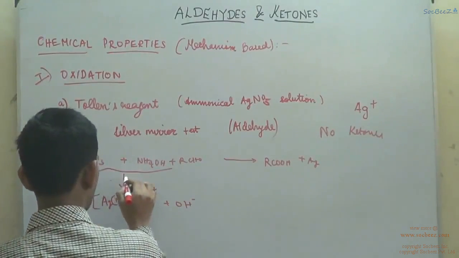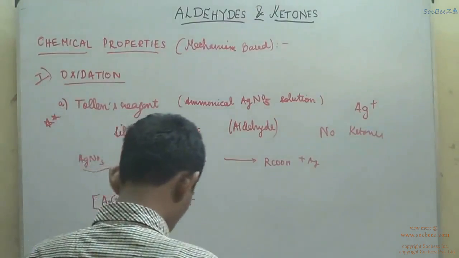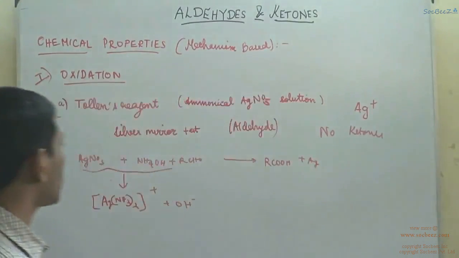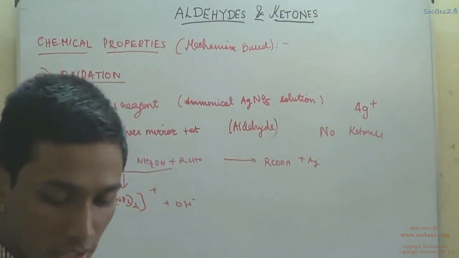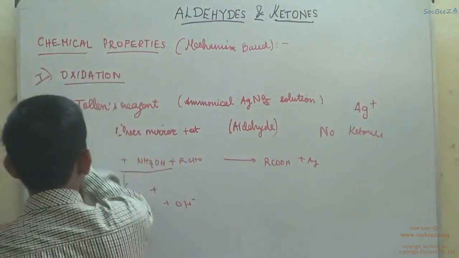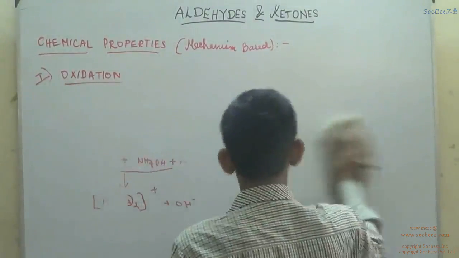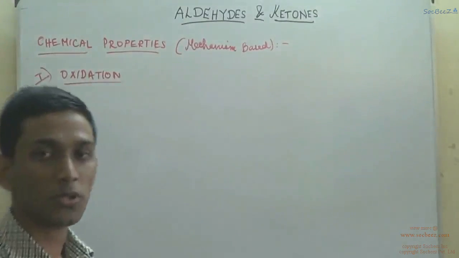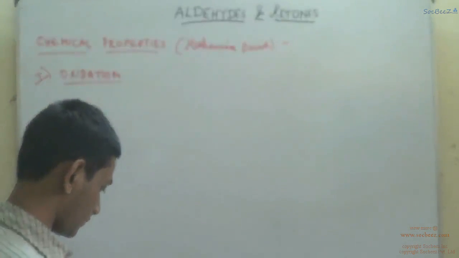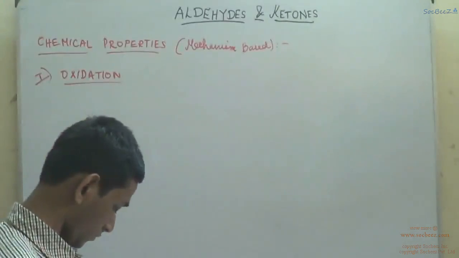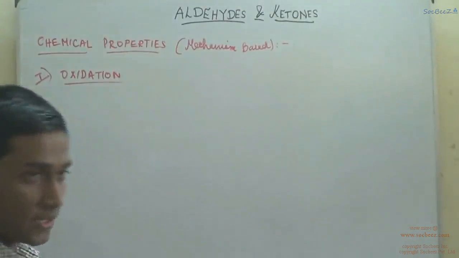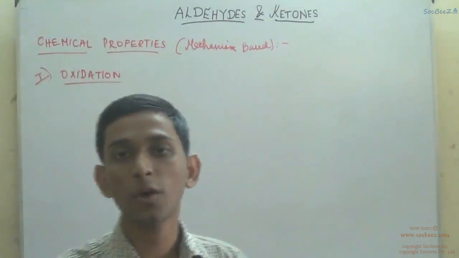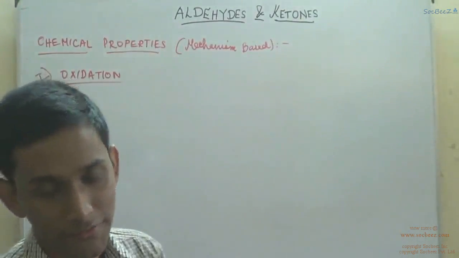Tollens reagent is a mild oxidizing agent, so it oxidizes only aldehydes, not ketones. Tollens reagent, ammoniacal AgNO3 solution, silver mirror test. Most important part of the conclusion: it oxidizes only aromatic and aliphatic aldehydes, with no effect on carbon-carbon double bonds, ketones, etc.